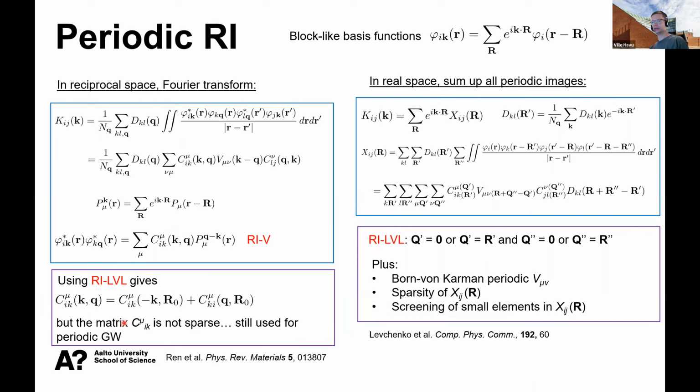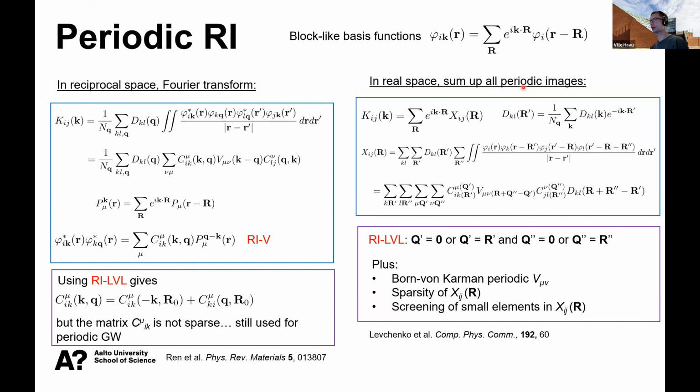But the matrix here is not sparse. It can't be. It's a Fourier transformation matrix. So basically, it just spreads the auxiliary basis again all over the space. This is still used for periodic GW, but it's not used for periodic resolution of identity in the hybrid functionals or Hartree-Fock.